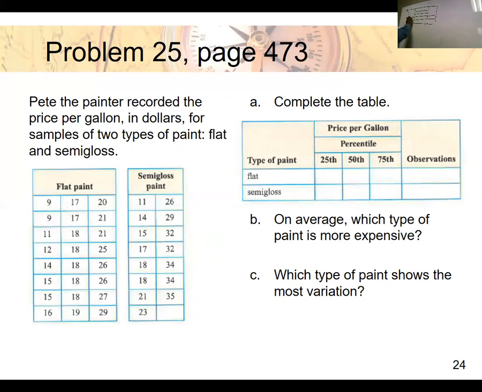So for flat, and then semi-gloss. And this is broken up into 3 groups: the 25th percentile, the 50th percentile, and the 75th percentile.